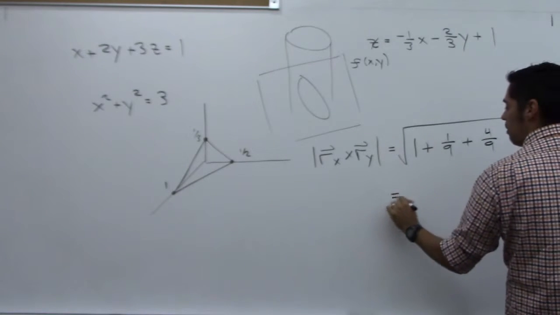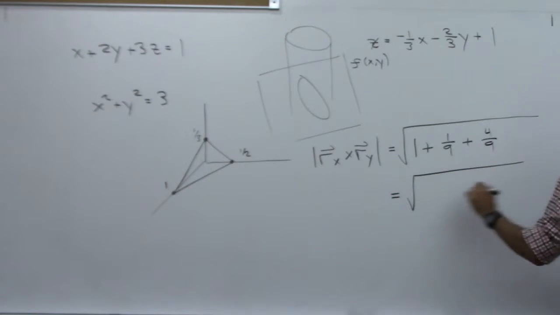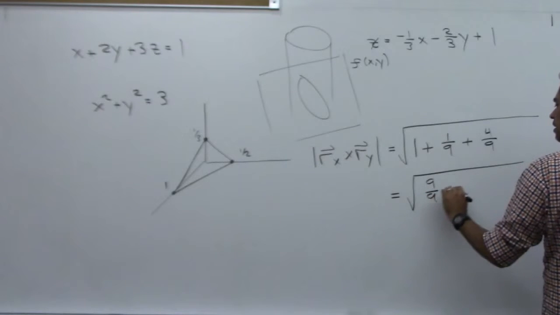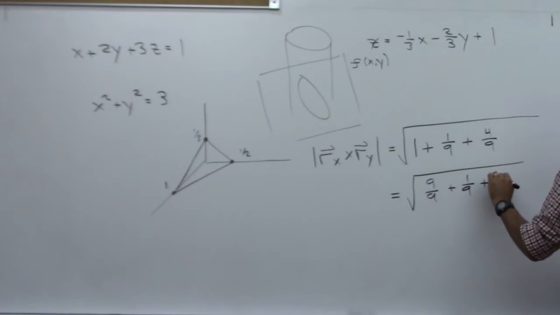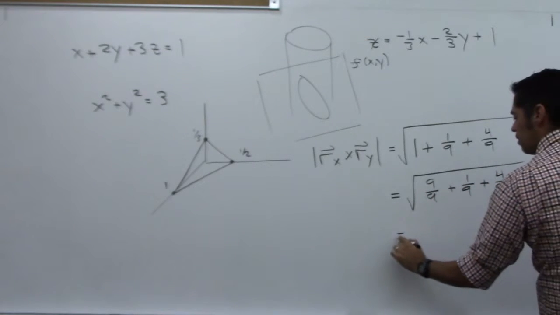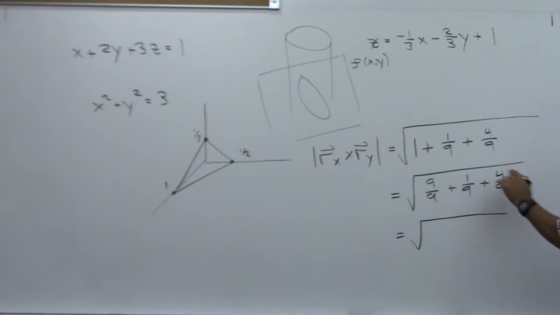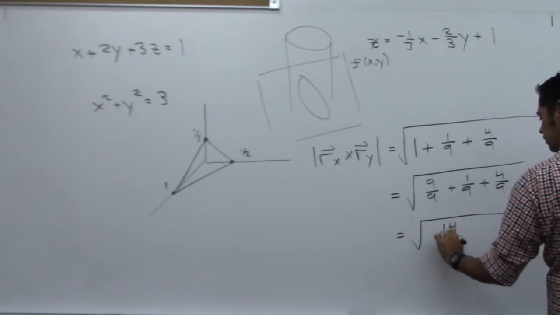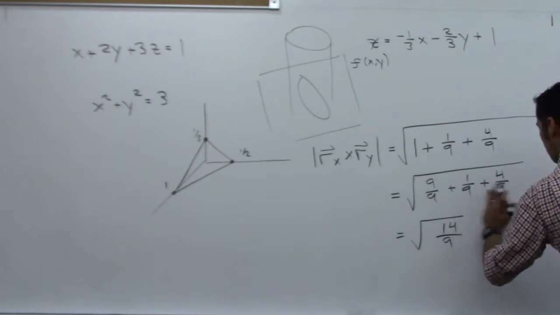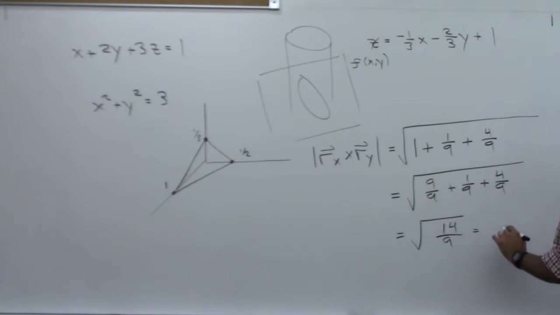See if I can add properly here. This is going to be 9/9 plus 1/9 plus 4/9, which is the square root of 14/9, which is root 14 over 3. All right, so that's that part.